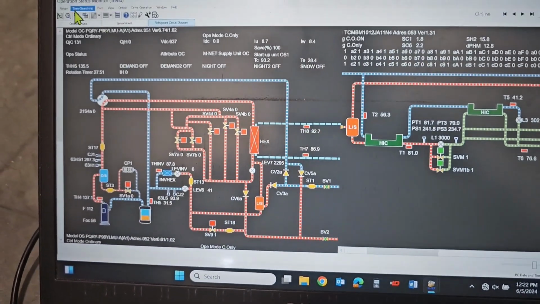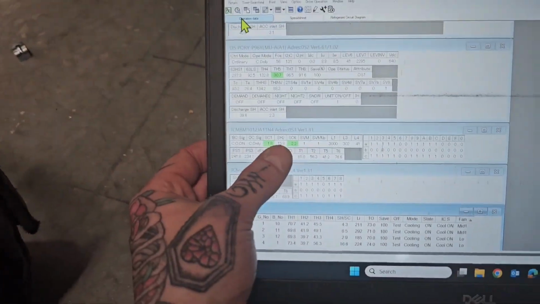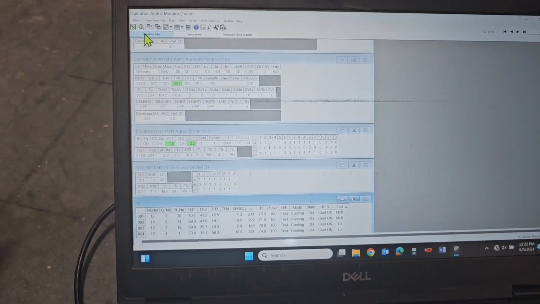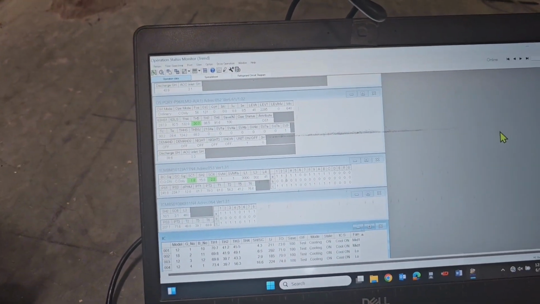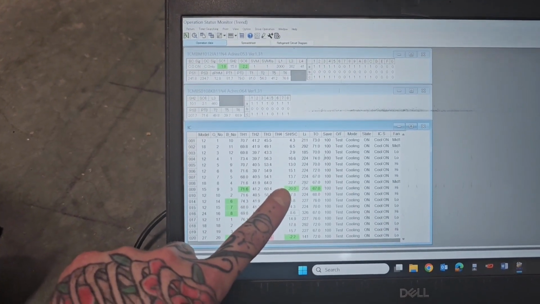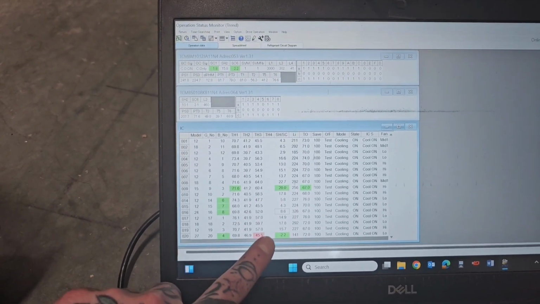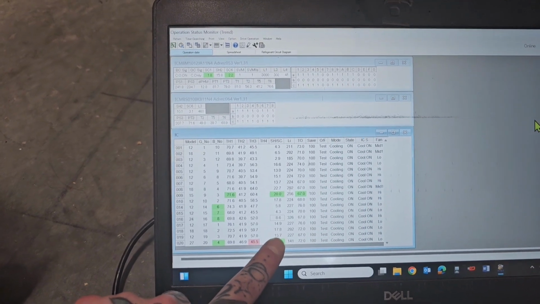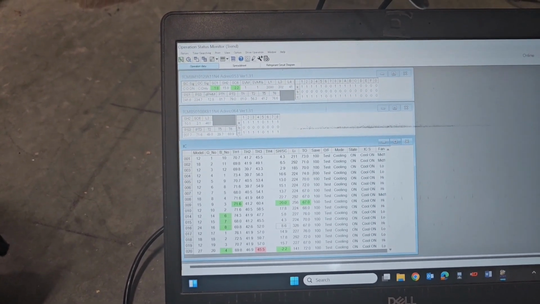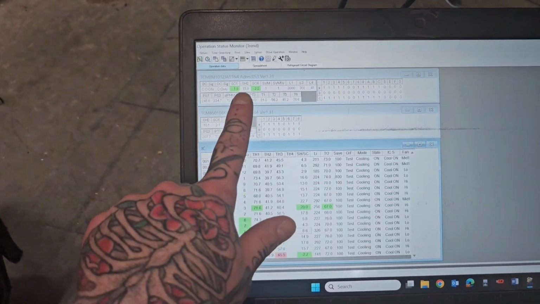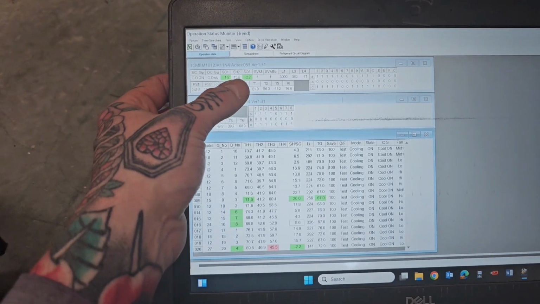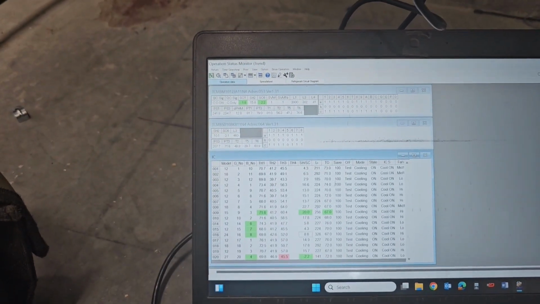Okay, so we go back, we're at 15 degrees of SH2, should be 4. It's pretty far off. Okay, so we come back down here and we've got 16 degrees, 22 degrees, 17 degrees, 14, 17, 15. We've got pretty high superheat. We've got high superheat in the branch controller. It's 15 degrees, should be 4. No subcooling.